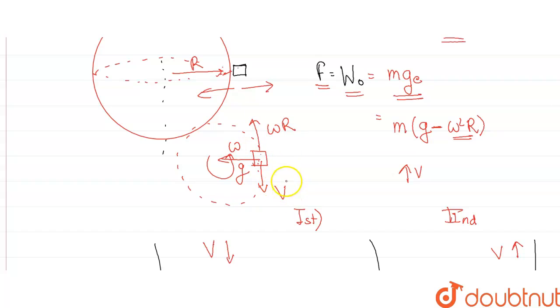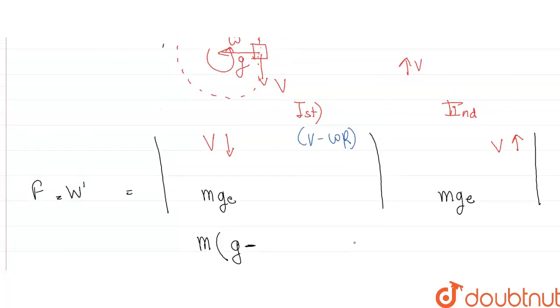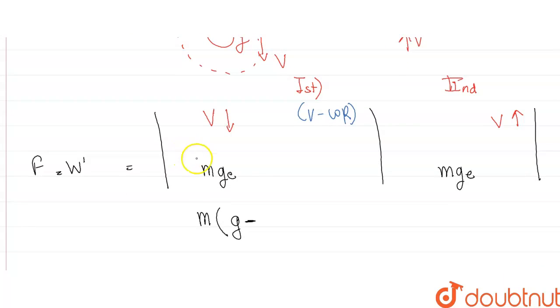So there would be some apparent velocity change, and in the first case it would be v minus omega r. Getting it? Now see, v minus omega r whole square divided by r. Let me make this negative. This would be the g effective.